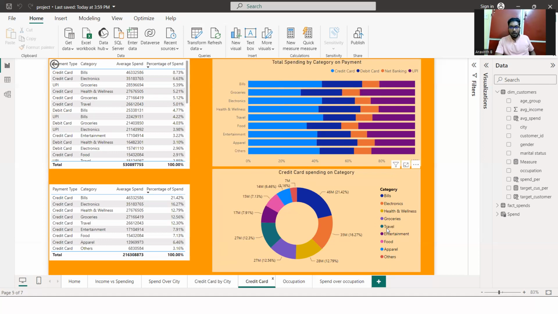So if you are planning to launch a credit card, try to give offers on these categories so that it will be attractive in the market, many people will be willing to purchase your credit card, and you also get more revenue through credit card transactions. So try to give offers on billing, electronics, health and wellness, groceries, and travel.